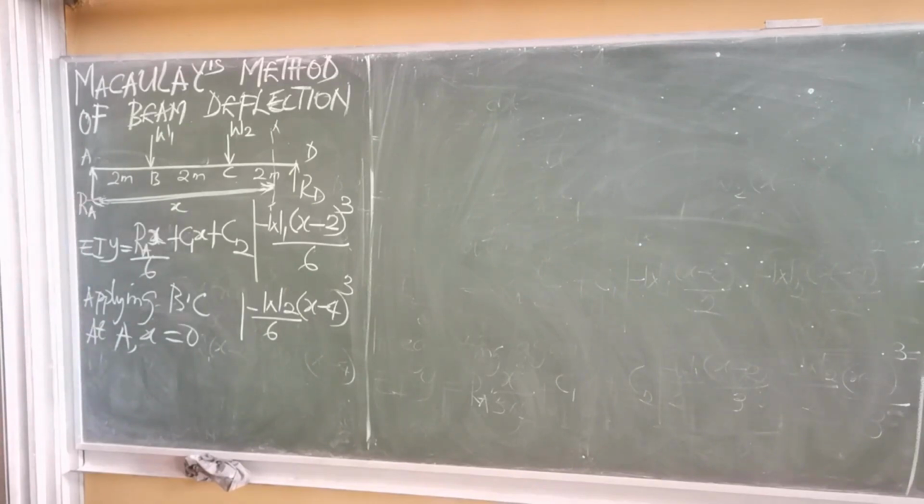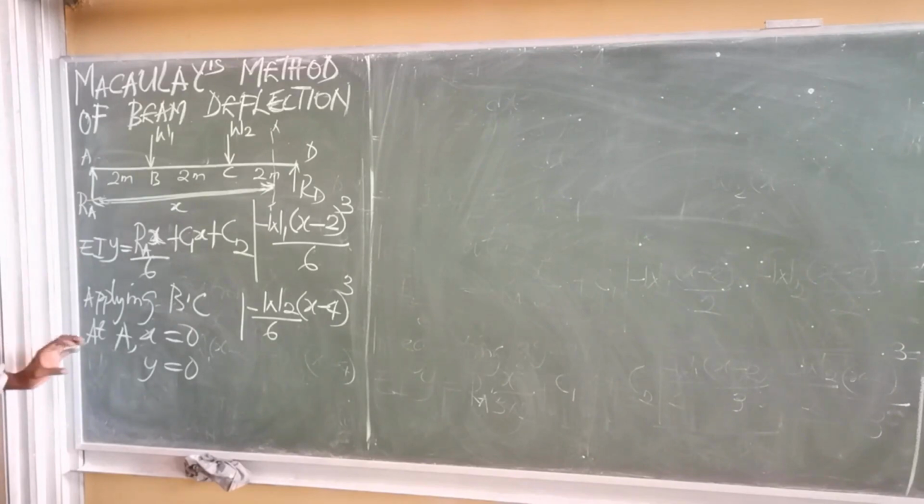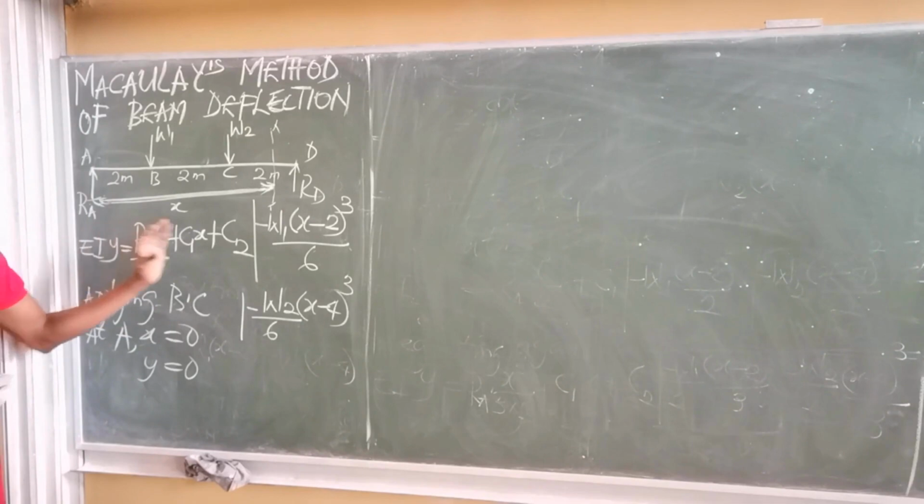And at this point, the deflection Y is completely 0 at that same point. So if we have this, we can now substitute these two values into this equation. That helps us to find the constants.